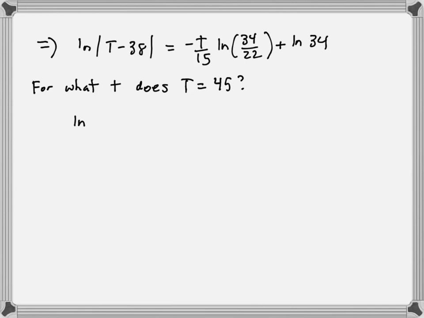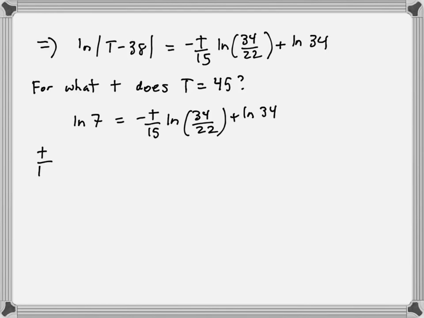We get the natural log of 45 minus 38, which is 7, is equal to negative t over 15 times the natural log of 34 over 22, plus the natural log of 34. So now we just have to solve for t. I'm going to move this to the other side.